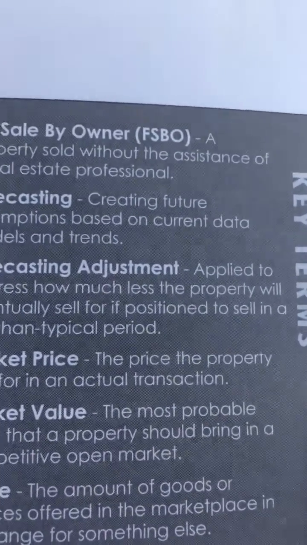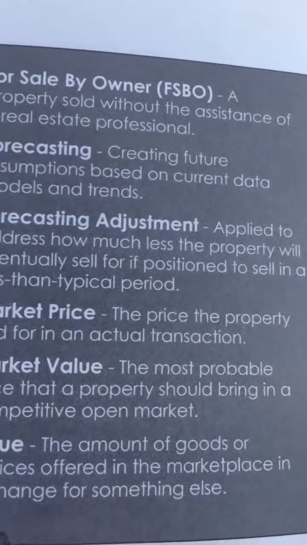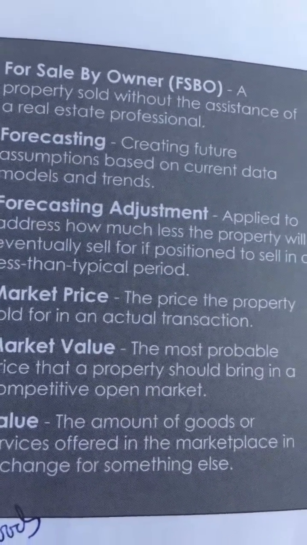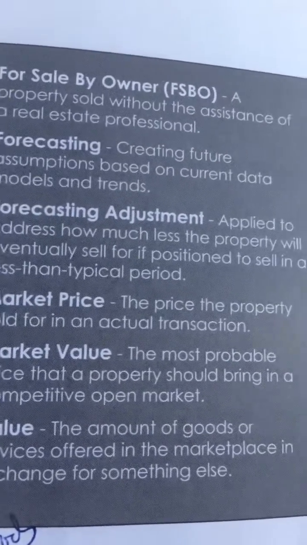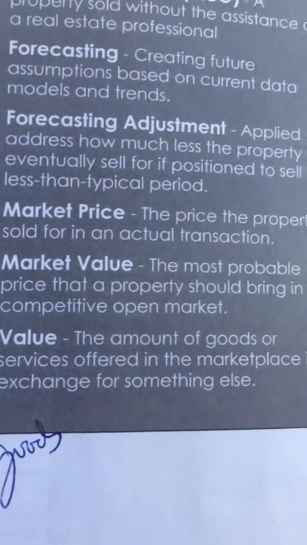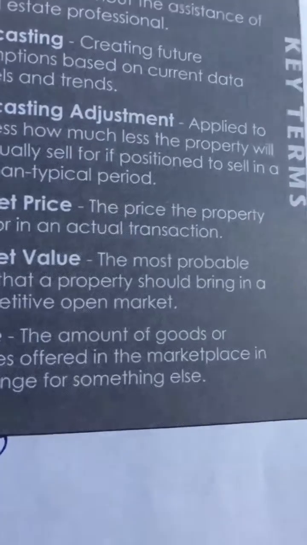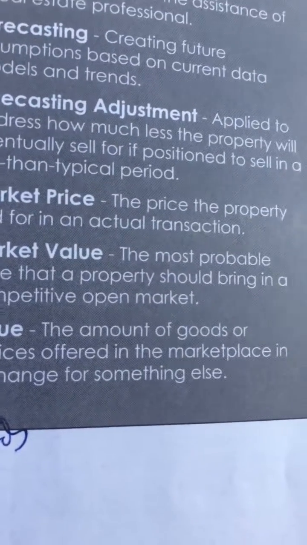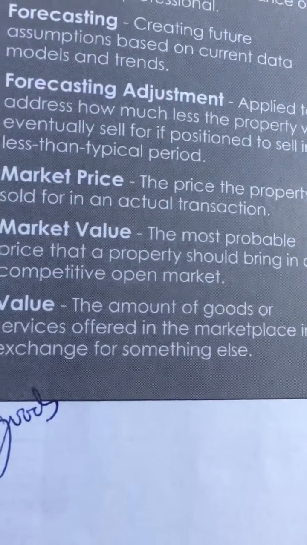Key terms. FSBO, a property sold without the assistance of a real estate professional. Forecasting, creating future assumptions based on current data models and trends. Forecasting adjustment, applied to address how much less the property will eventually sell for if positioned to sell in a less than typical period.